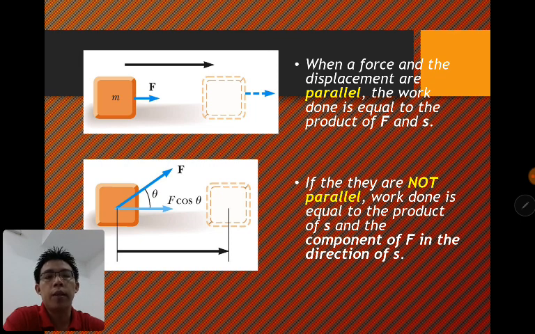For example, in this case here, there's a force at theta above the horizontal. If we resolve that, that will be F cos theta times the distance moved, say S here. So we get work done equals F S cos theta.